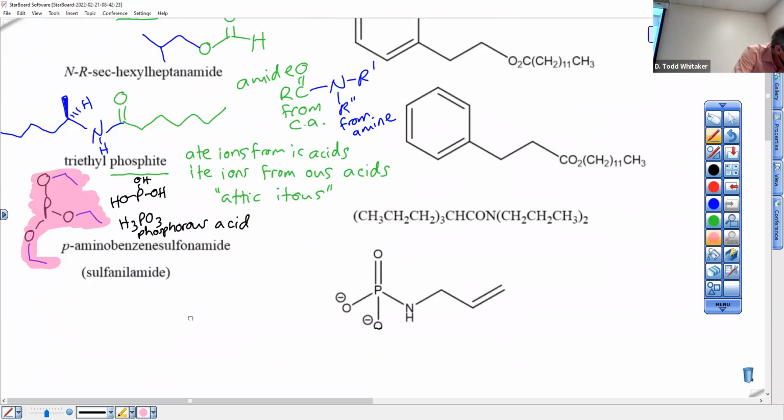And down here, we're going to do a sulfuric acid amide. But not really a sulfuric acid, it's a sulfonic acid. Oh, sulfonic acid. R is attached to S double-bond O, O, OH.